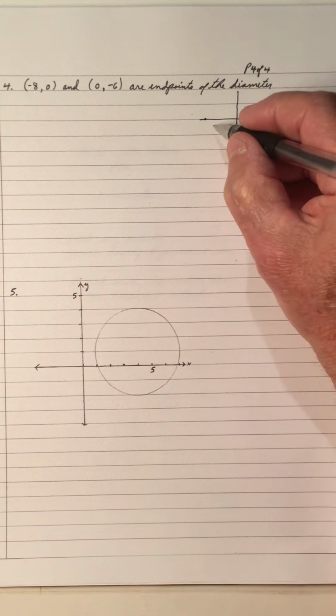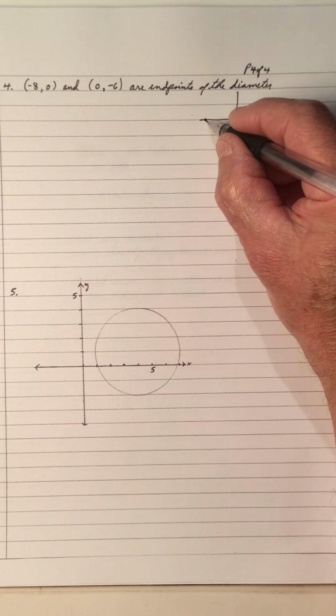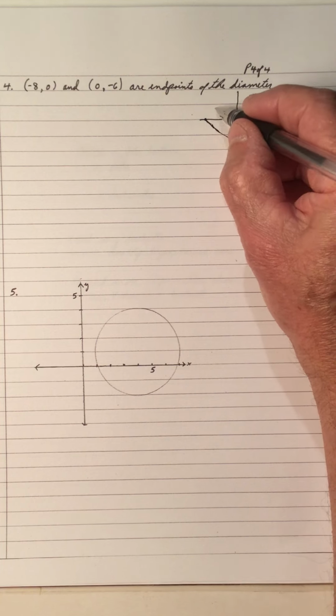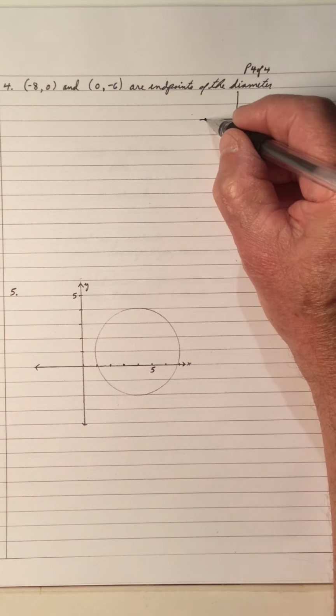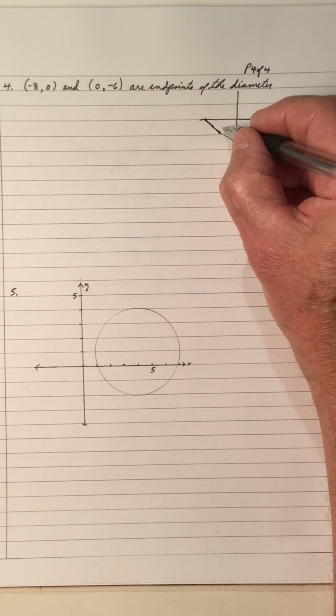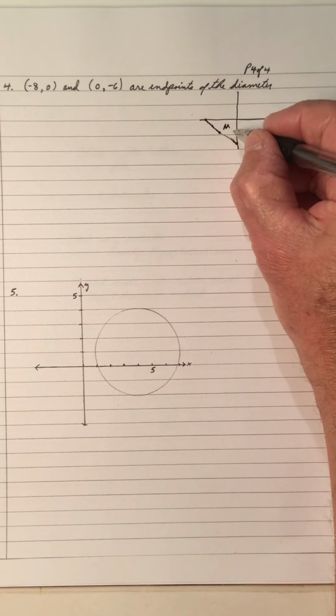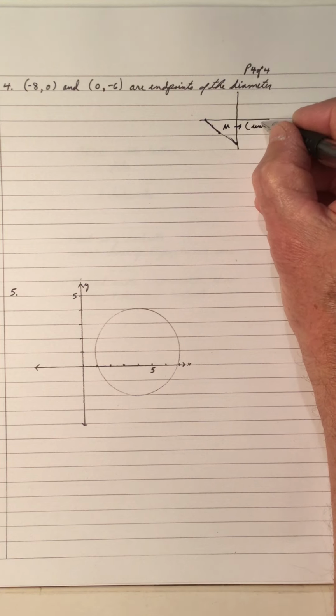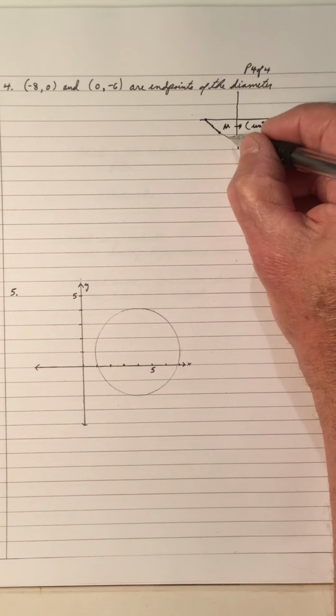So they're the endpoints of this diameter. There's the diameter of the circle. So that means if they're the endpoints of the diameter, in the middle, the midpoint, is the center. So the midpoint of the diameter is the center.